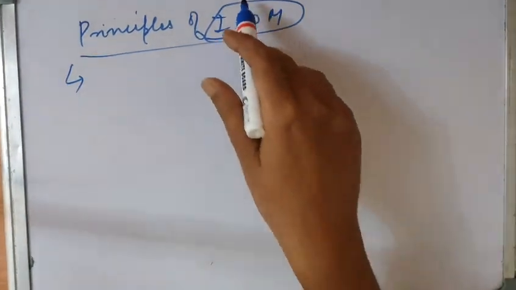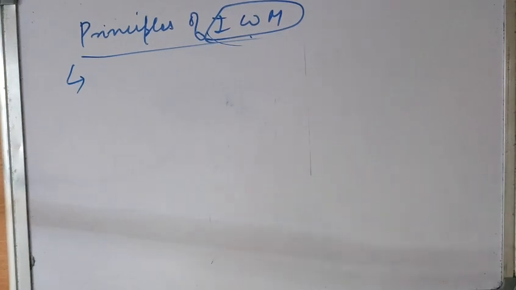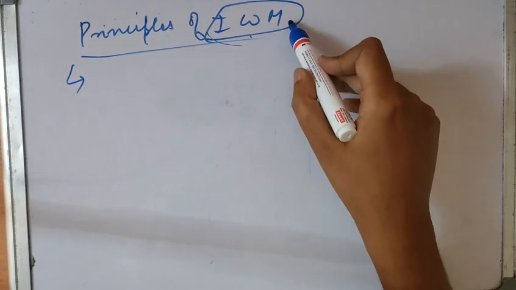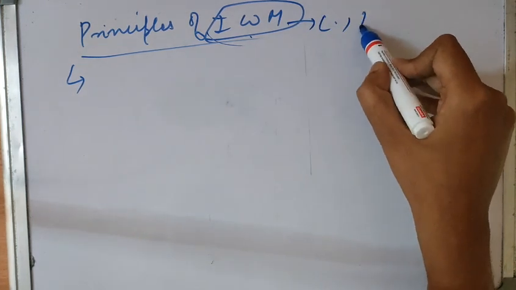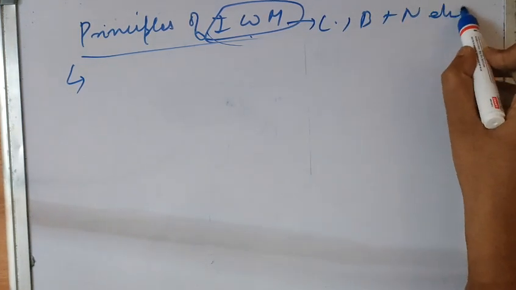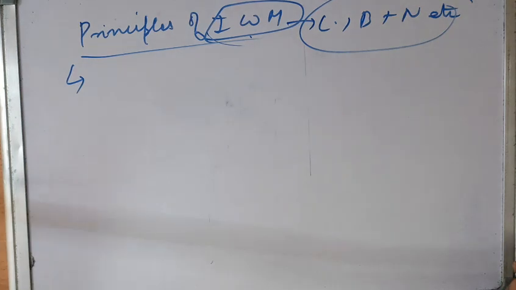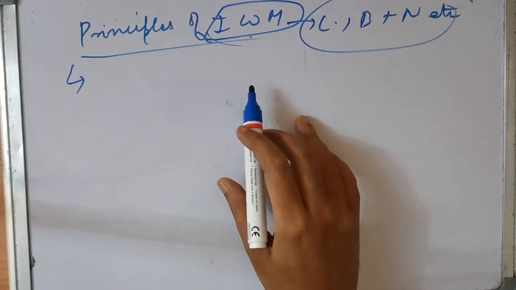And for integrated weed management, we will discuss in detail in coming lectures. We all know what integrated weed management is, using chemical, biological, natural, etc. methods together to control weeds. What are the principles?